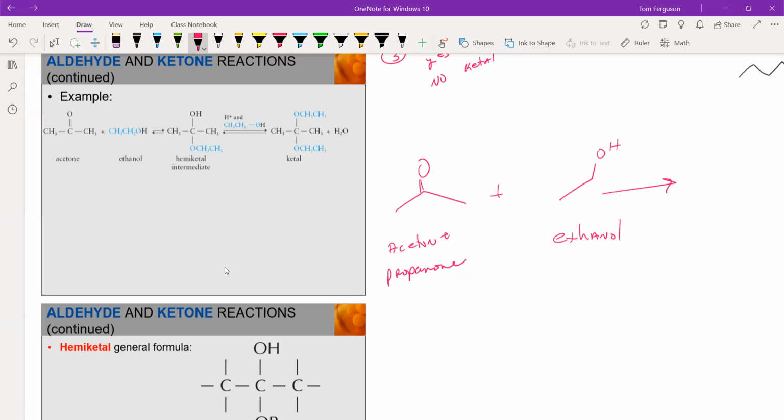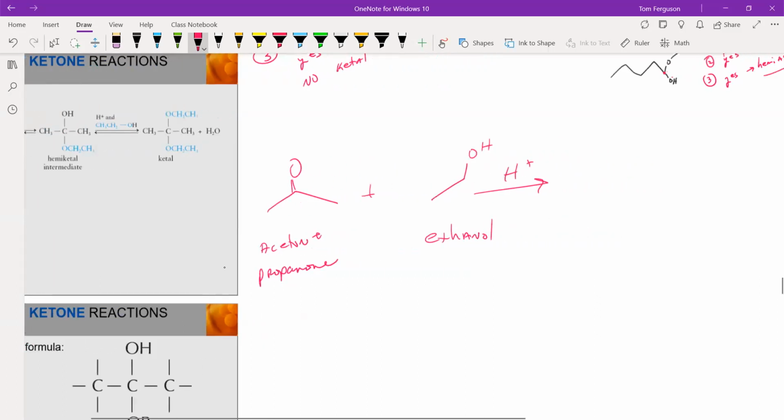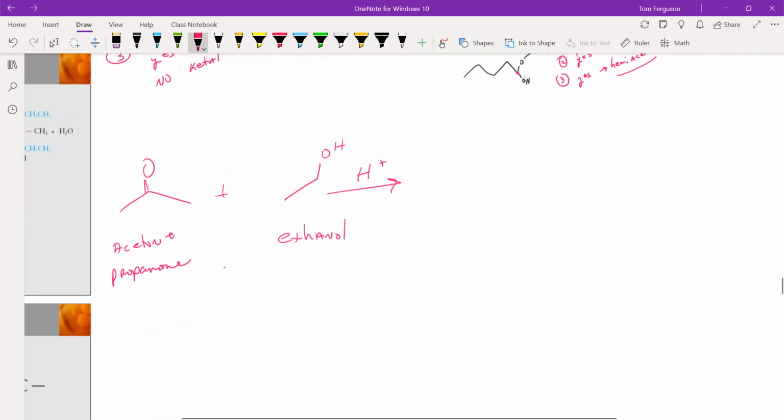We need some acid. So we're starting with a ketone now. That means we're going to end up with either a hemiketal or a full-blown ketal because we're starting with a ketone.